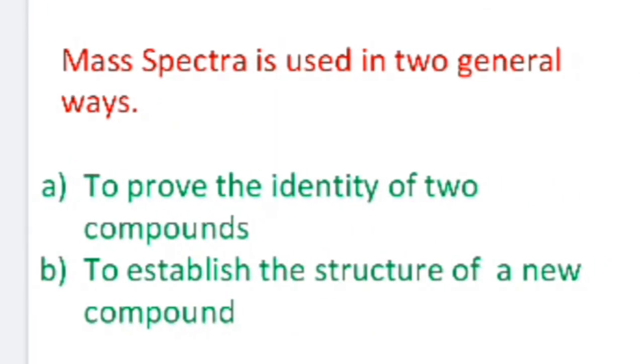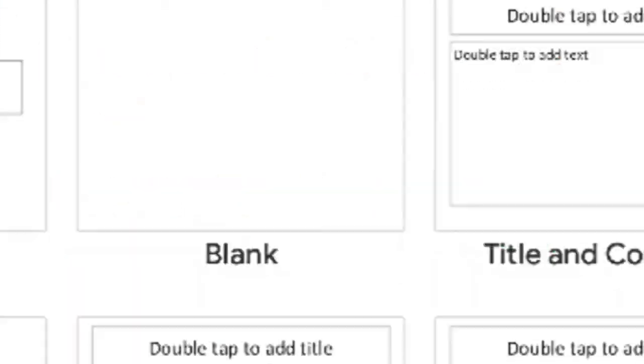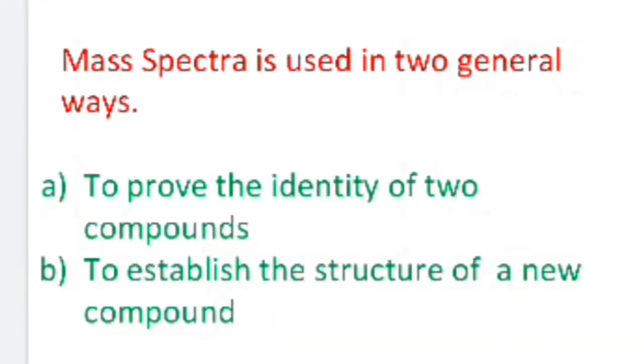Next, mass spectra are used in two general ways. In this slide, we can see the uses or advantages of mass spectra. It is used to prove the identity of two compounds, that is, two molecules, and it is used to establish the structure of a new compound.